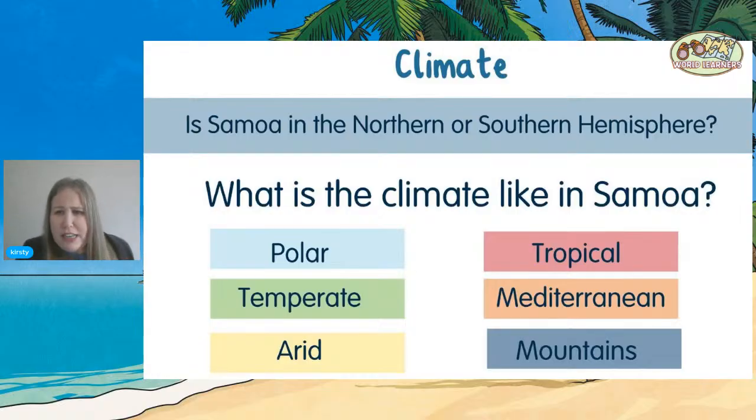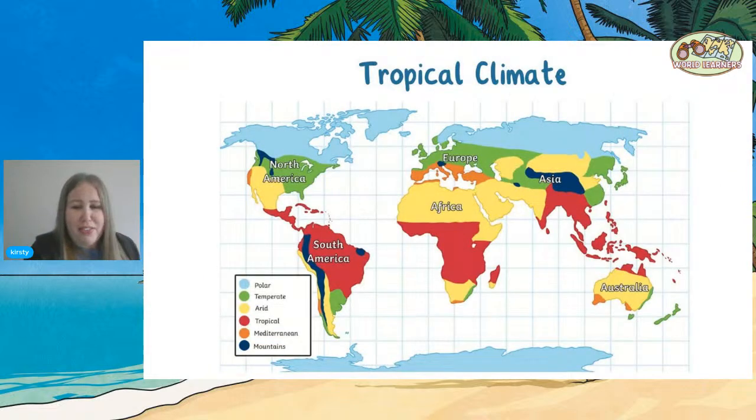Right, we're pretty unanimous. Ezra and lots of people agreeing that it's a tropical climate. Are we all in agreement? Yeah, I think we are. Yes, a tropical climate, and there it is. We can see our climate map there, and the places marked in red are tropical climate places.